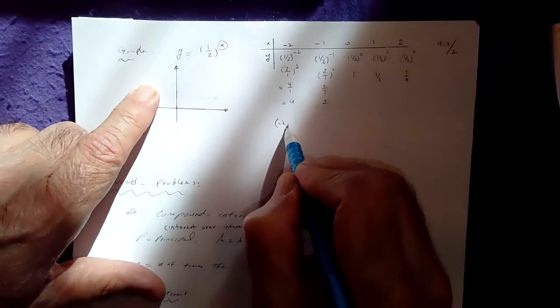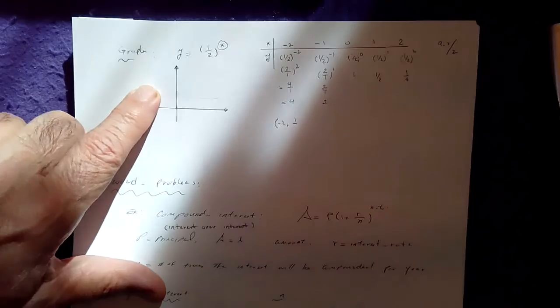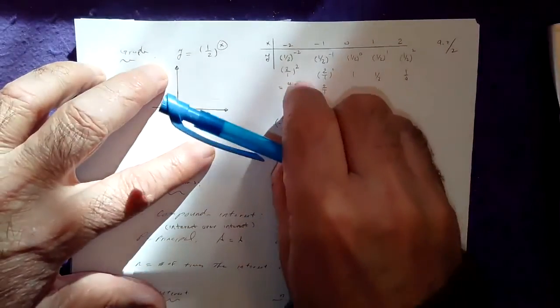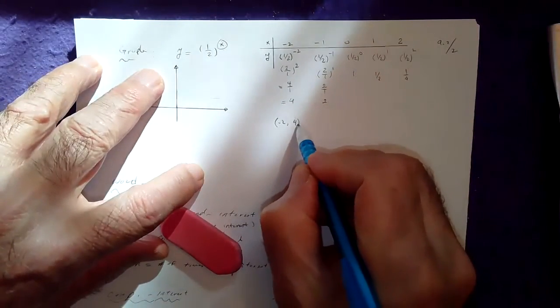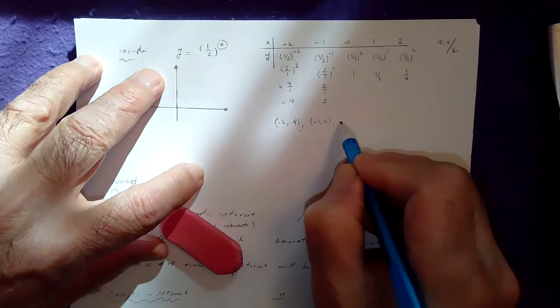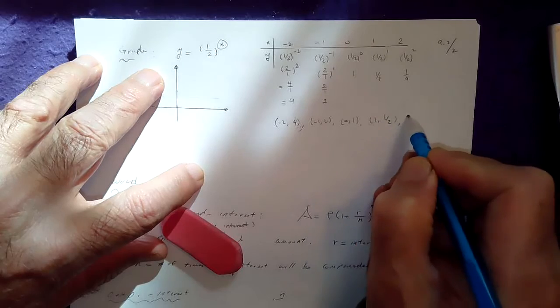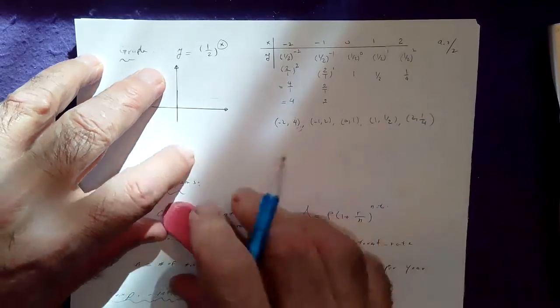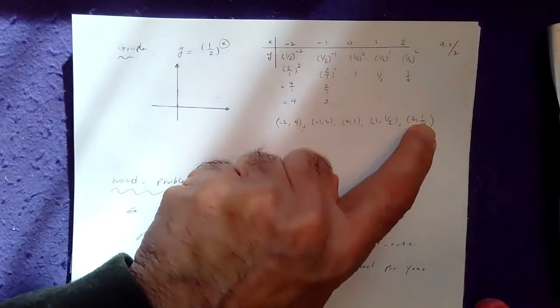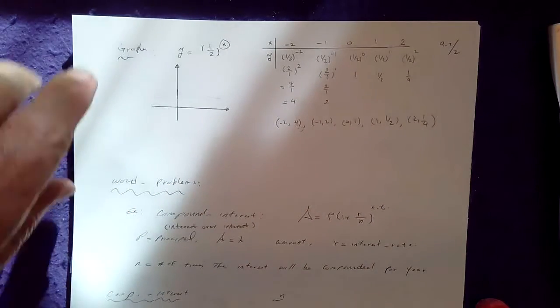So the ordered pairs are -2, 4, is that right? 4, -1, 2, 0, 1, 1, 1/2, and 2, 1/4. So the greater the x values, the smaller what? The y values.